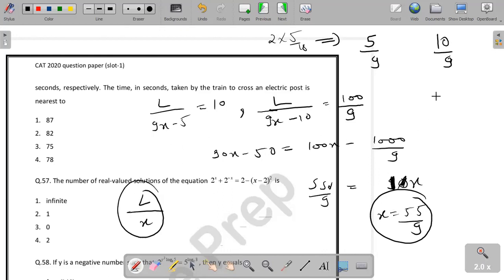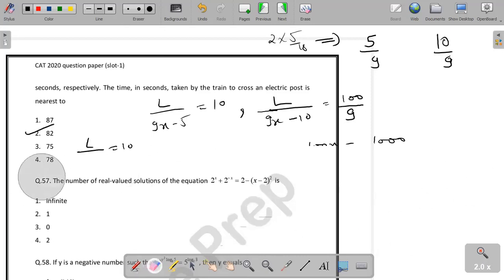If I substitute it in the first equation, I would get L by 50 is equal to 10. So L comes to 500, and then 55 into 9, so that is 500 and 511. So 900 by 11, that is around 81. So 82 should be the answer.